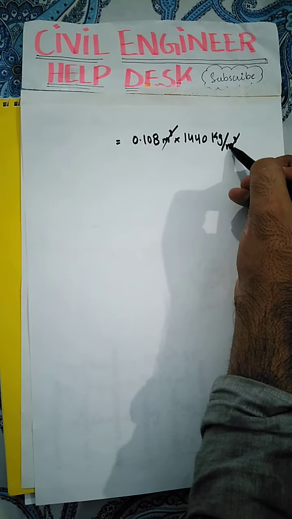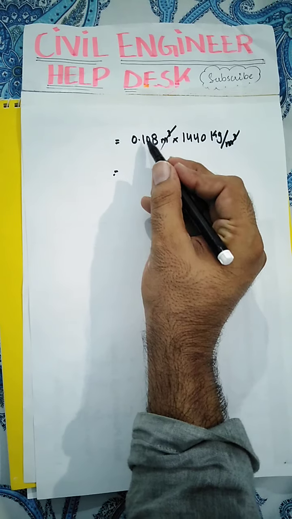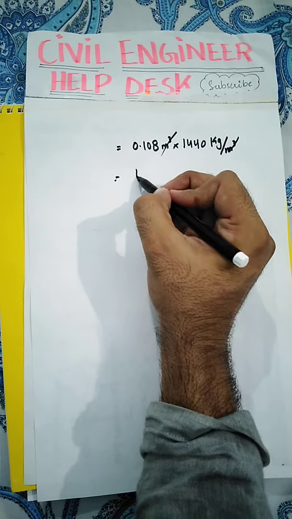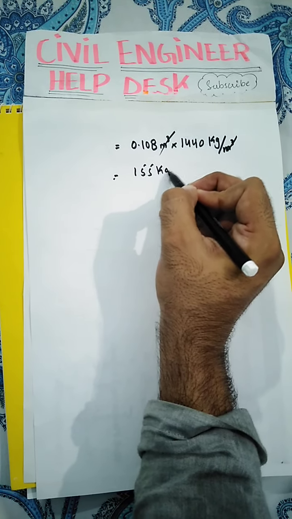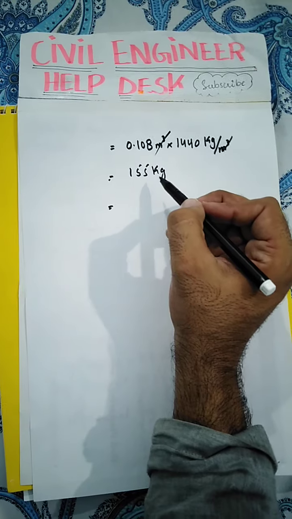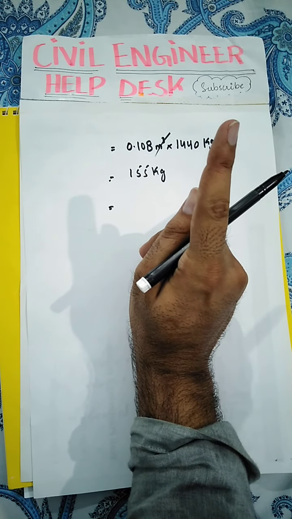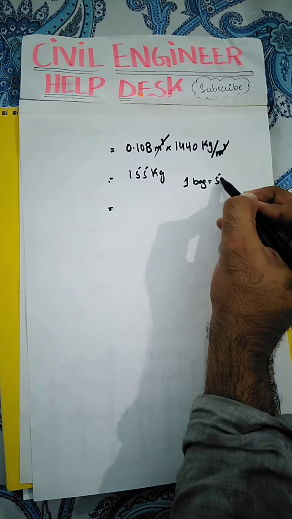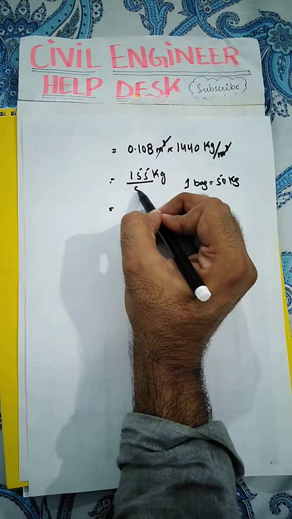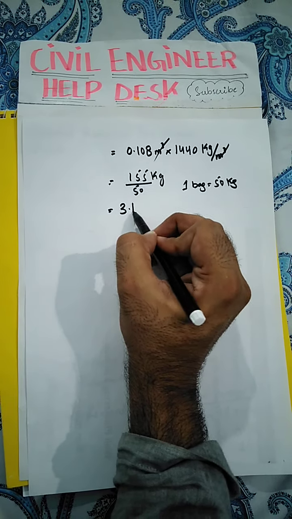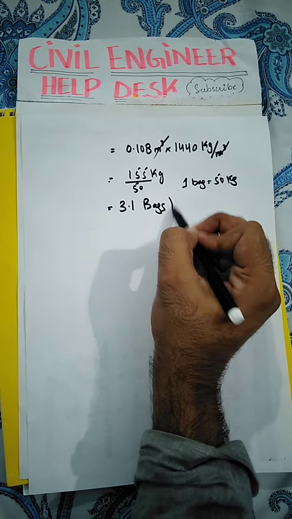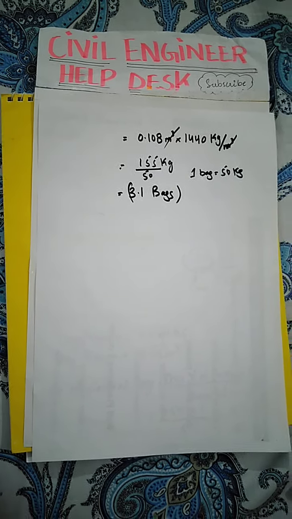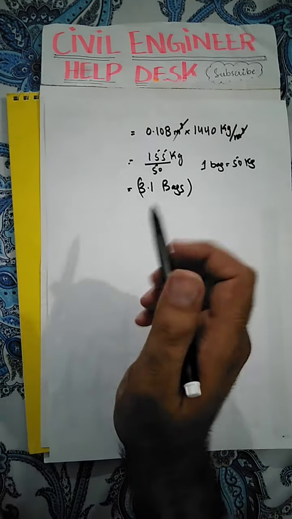Here cubic meter cancels with cubic meter. 0.108 multiplied by 1440, we get 155 kg, and we know that one cement bag is equal to 50 kg. So dividing this value by 50, we get 3.1 bags. So for plastering of 20 square meter wall, 3 bags will be required.